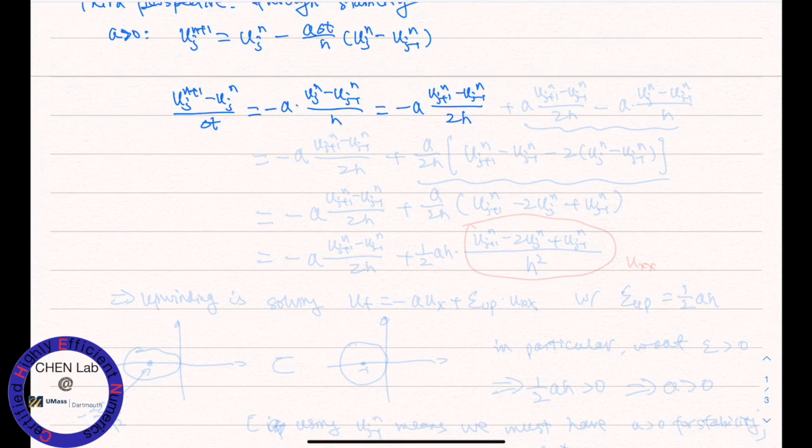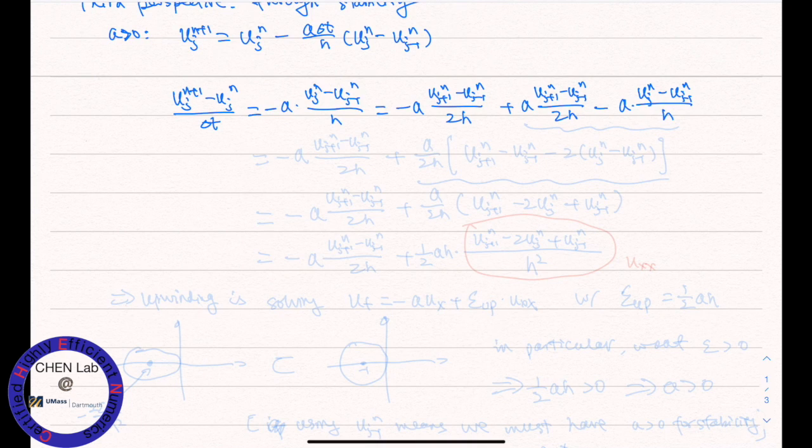And I'm going to add that because this is plus a (u_{j+1}^n minus u_{j-1}^n) divided by 2h. And then we have this original guy back, h, u_{j-1}.